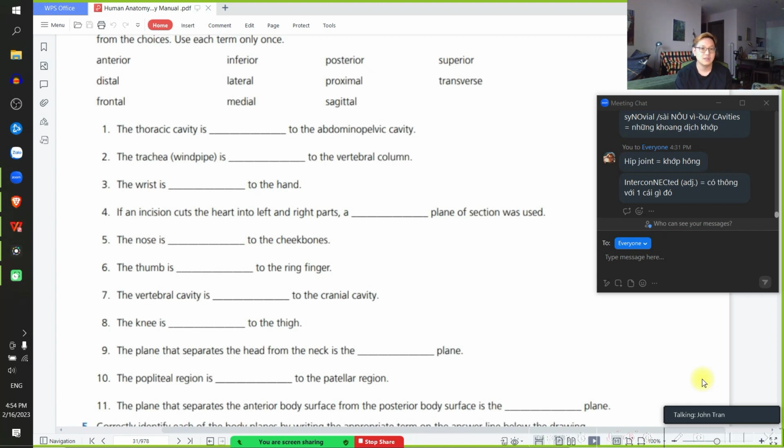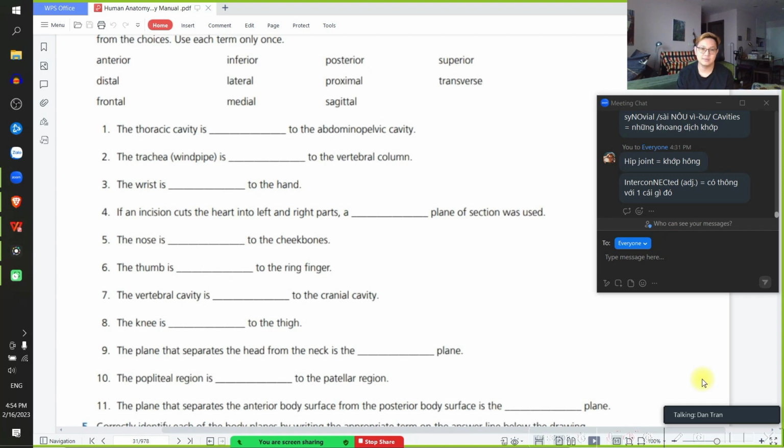Number two. The trachea or windpipe is something to the vertebral column. The vertebral column is right in the middle.